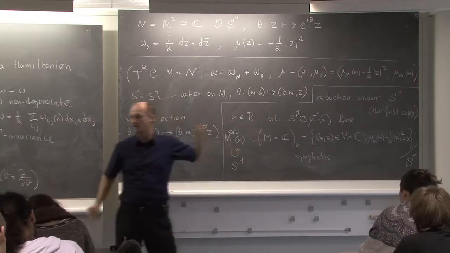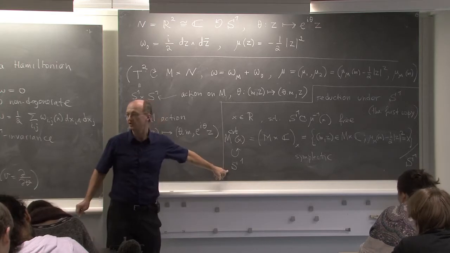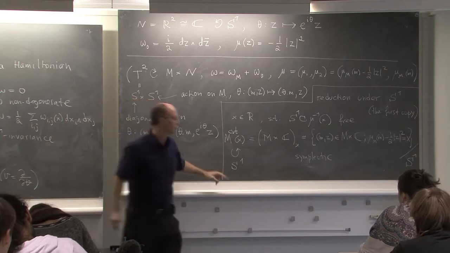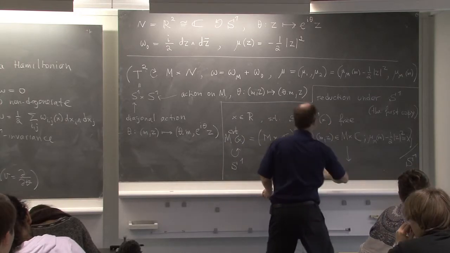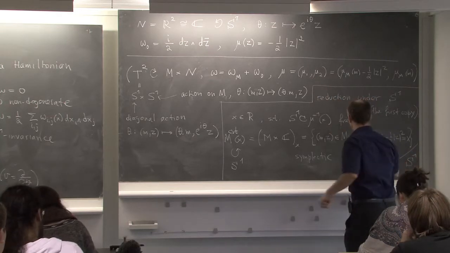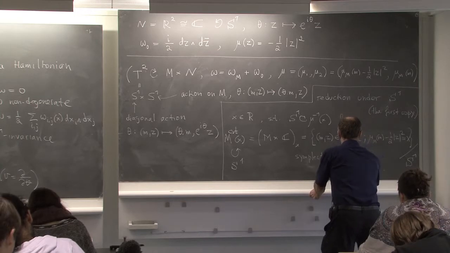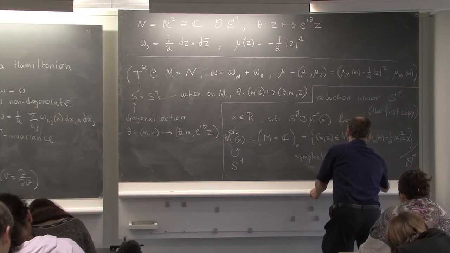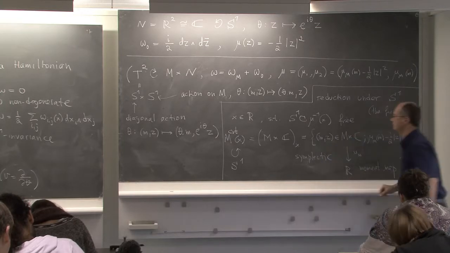It's symplectic, and by our previous discussions, it will be a Hamiltonian S1 space with the moment map being the second component, mu2, which is mu m mapping it to R, a moment map.